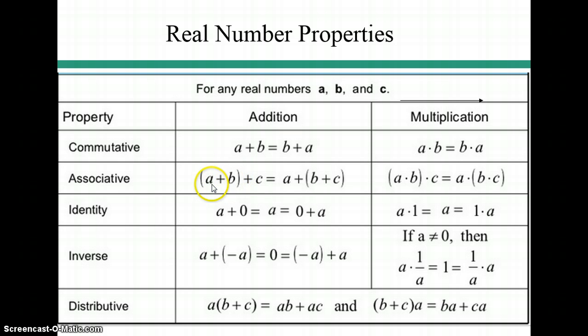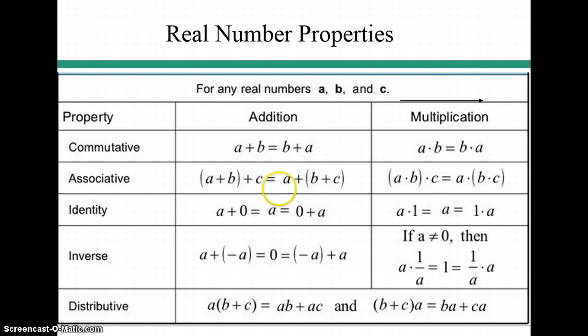We'll add A and B first, and the result will be added to C. The same way, we'll get the same answer if you add A with the result of the addition of B and C. Here we have to add B and C first, and the result will be added with A. Same answer we'll get from this addition.